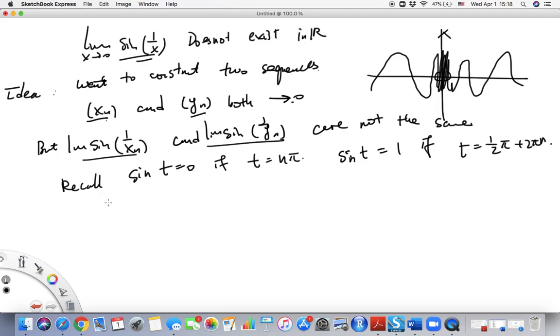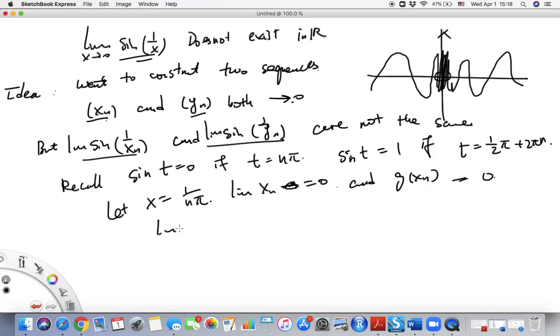So the idea is we let xn be 1 over n pi, then the limit of xn is equal to 0, and g of xn by construction is equal to 0. Okay, so the limit of a bunch of zeros is of course 0.